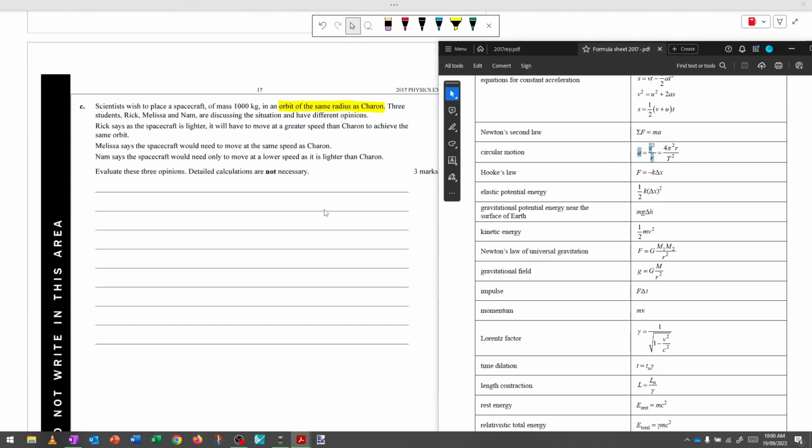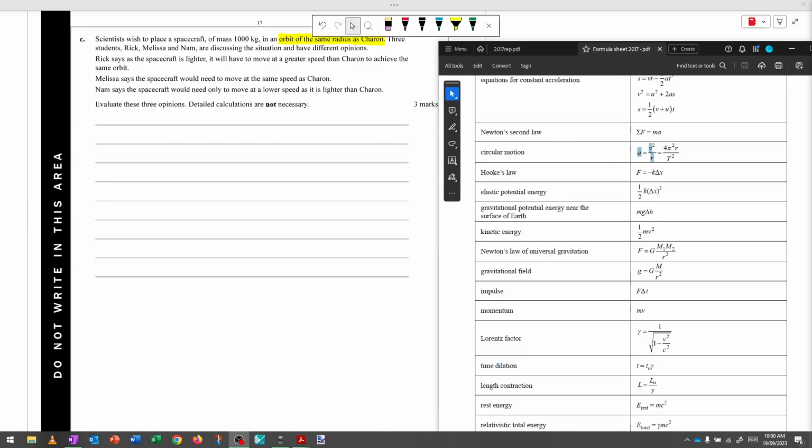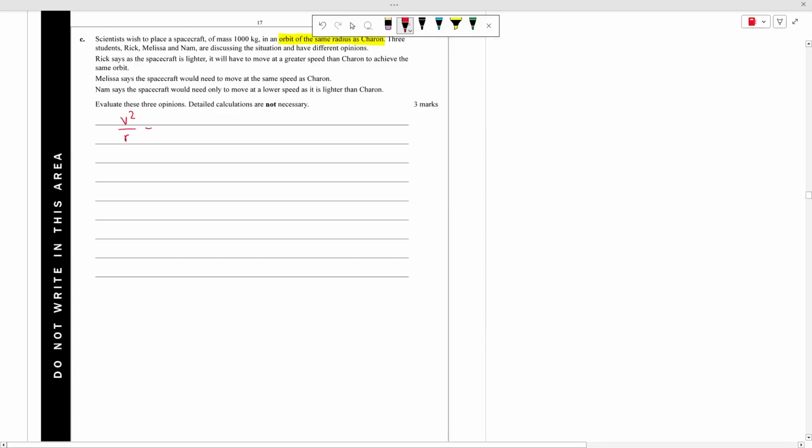So I can claim the following thing. Because of circular motion, I can claim that v squared over r is equal to G times m over r squared. And if I was to solve for v here, I'd get v equals the square root of Gm over r. What this equation is telling me is that the orbital speed of something that is orbiting only depends on the mass of the thing we're orbiting, which in this case is Pluto, and the radius of the orbit.